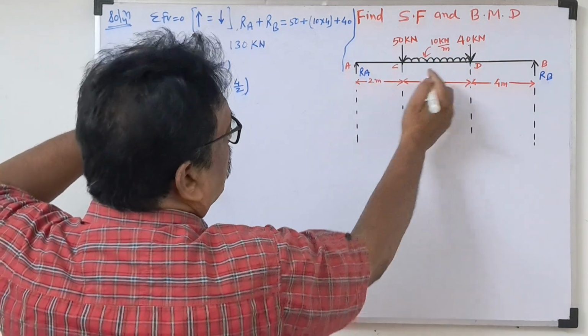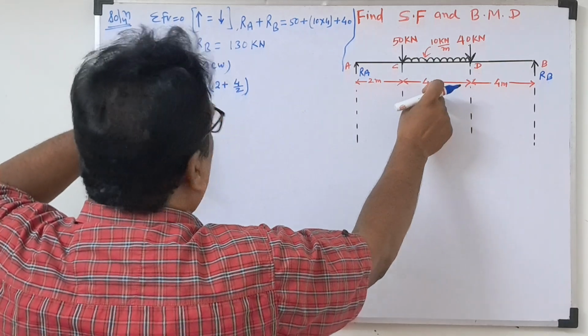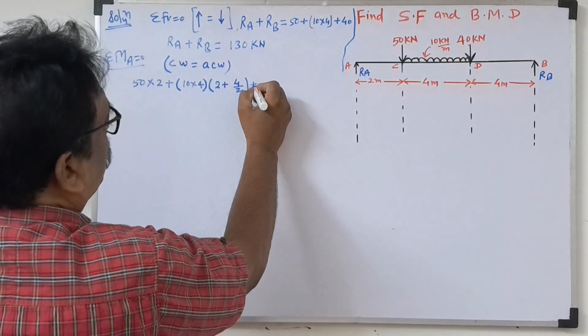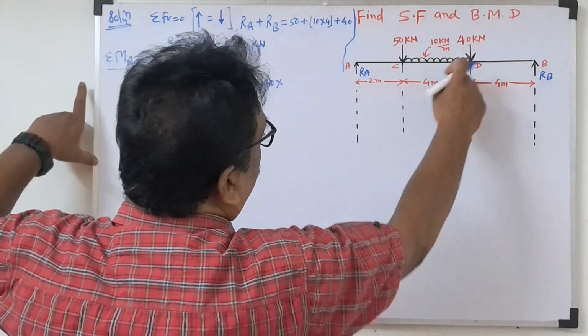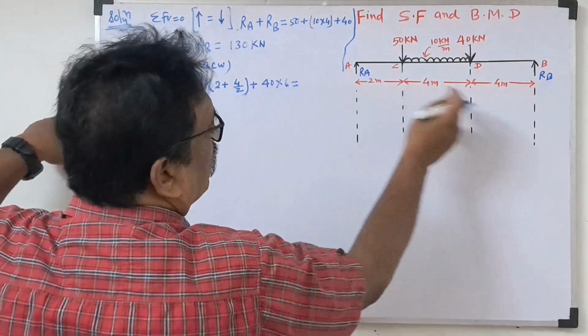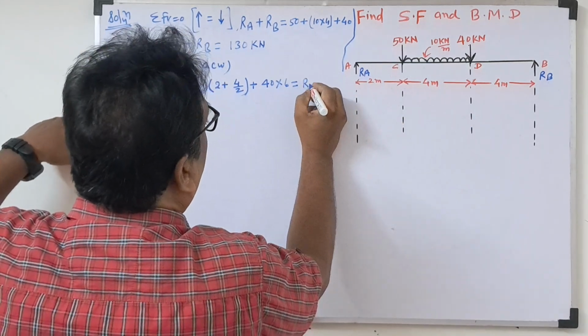Perpendicular distance means the total distance: half, 4 by 2, plus this distance 2. Plus another point load, 40 into the total distance, 6 meters. Then anticlockwise, RB into 10.